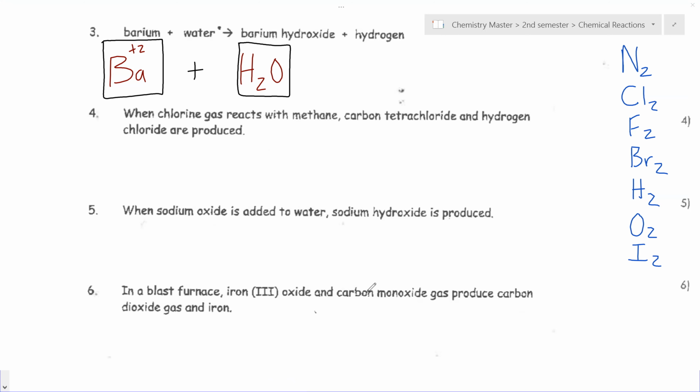Good job, Whitney. On the other side, we got barium hydroxide. We had the barium that was Ba, and you guys told me +2. Hydroxide is a polyatomic, so see if you can find it.